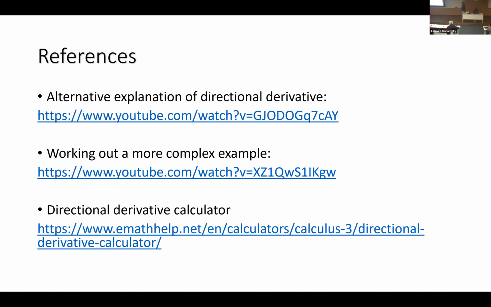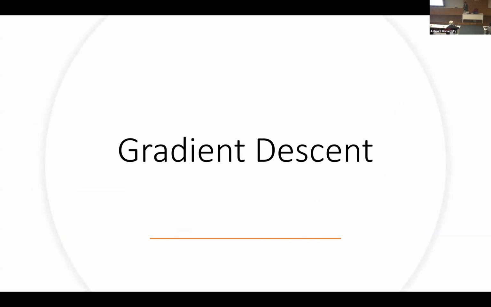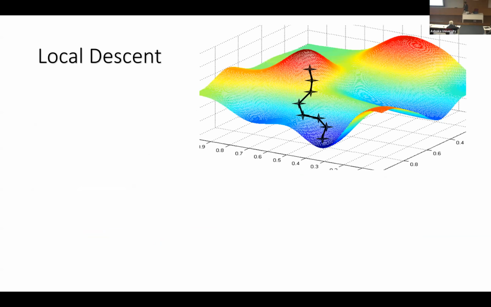This is all for the gradient. And this will now allow us to start with our first algorithm, which is gradient descent. Slowly I'm building up to it. Gradient descent is a local descent algorithm. Any local descent algorithm works like this.